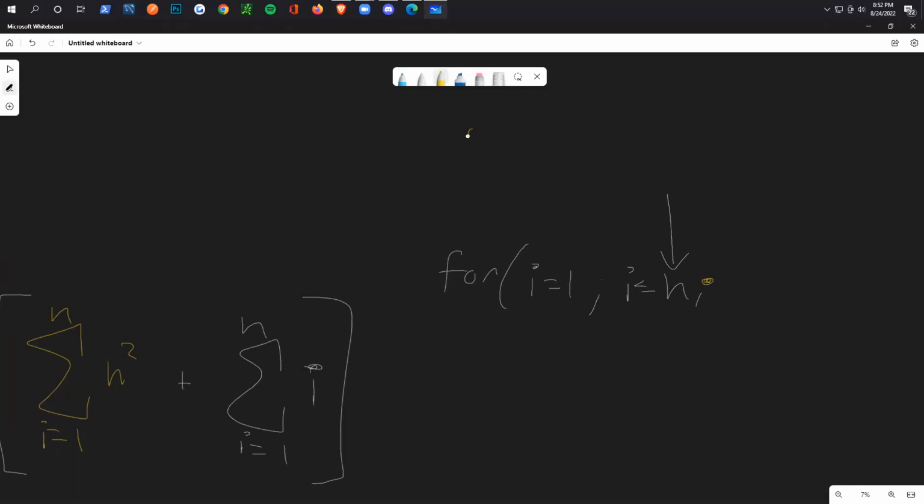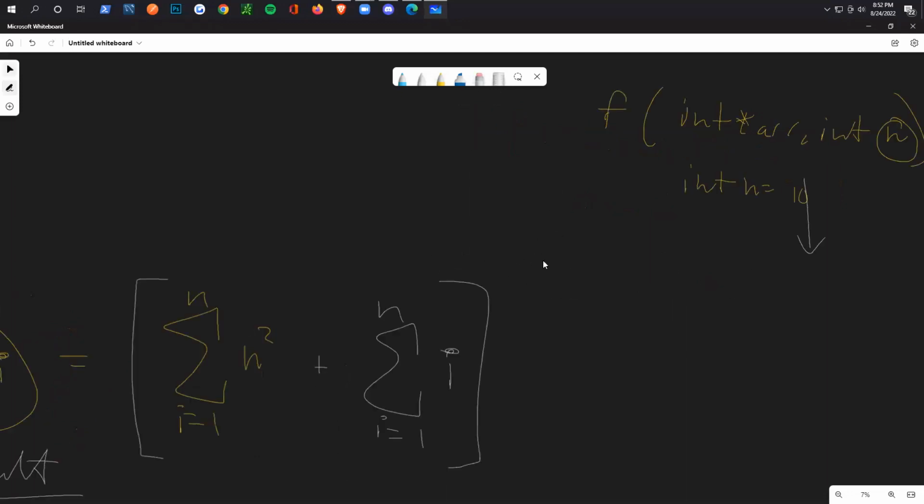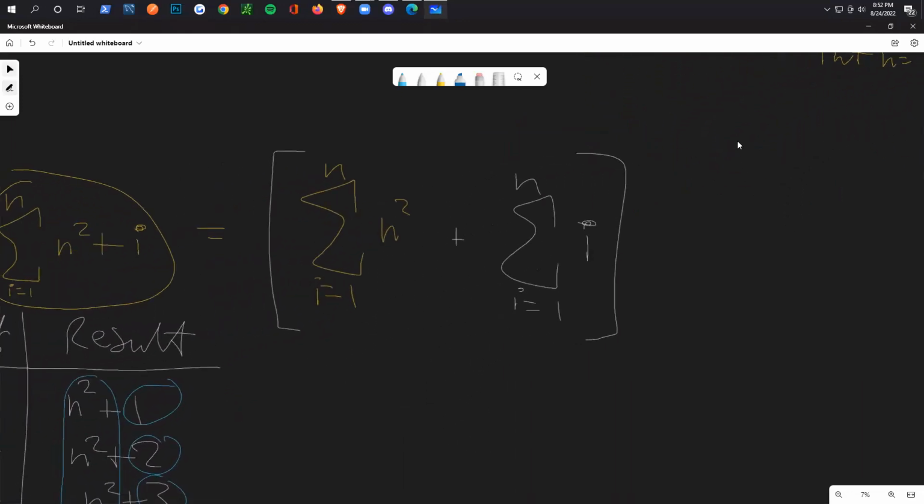You use a function, f, and then you pass in, let's say, an array, and then you pass in an n. So your n is fixed either here or inside your function, int n, etc. So n is going to be some sort of fixed value that you're going to be running up until, or using to stop your iteration. It's not going to be infinite when it comes to a for loop, unless you've got a while true, etc.